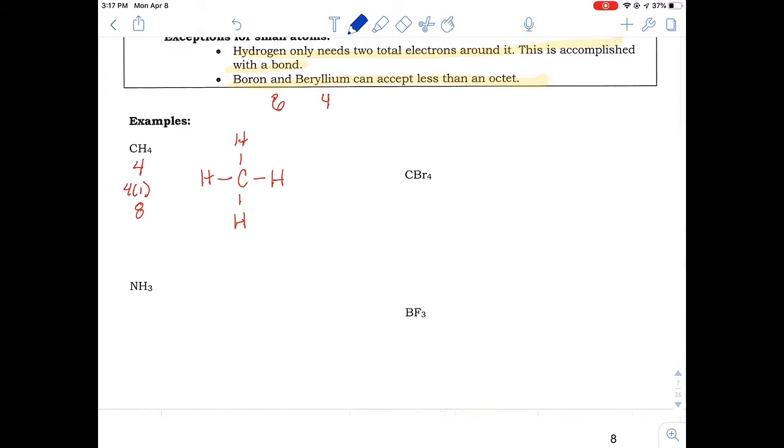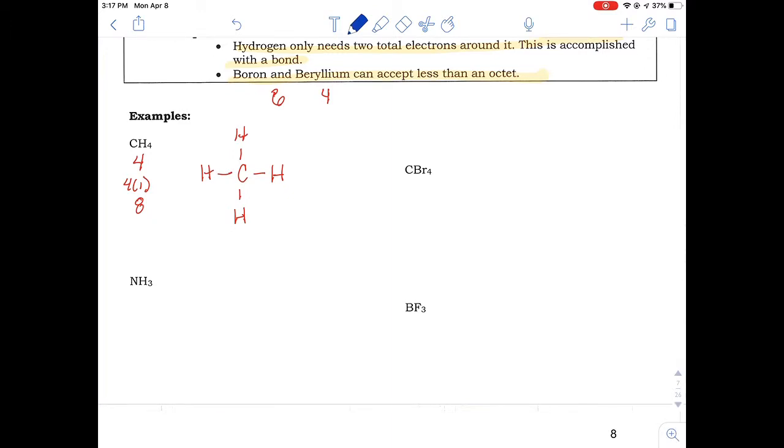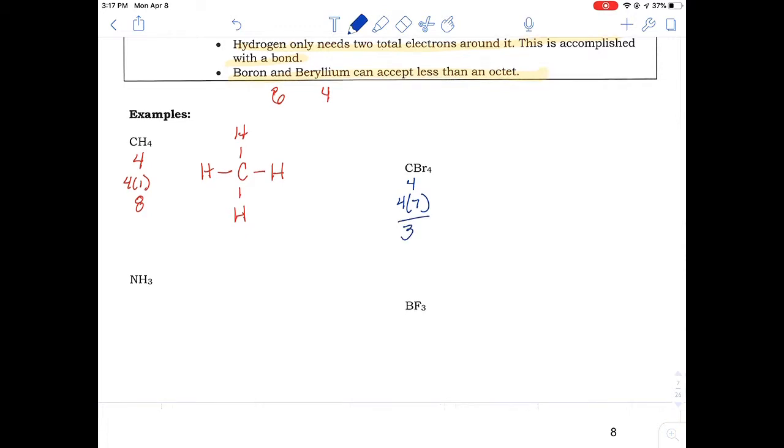Now let's do carbon tetrabromide. Carbon, again, has 4 outer shell electrons. Bromine has 7, because he's in the 7th family. 7 times 4 is 28, so when we add them up, we get 32 electrons. Carbon's going to be in the center. He's going to bond to 1 bromine, 2 bromines, 3 bromines, 4 bromines.